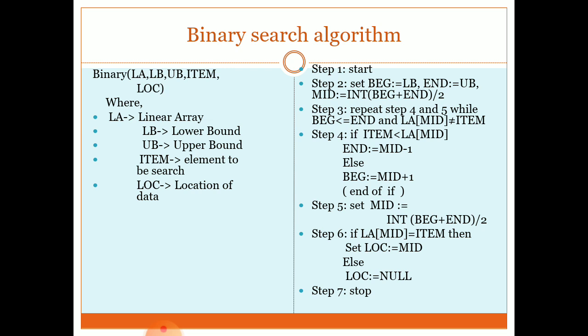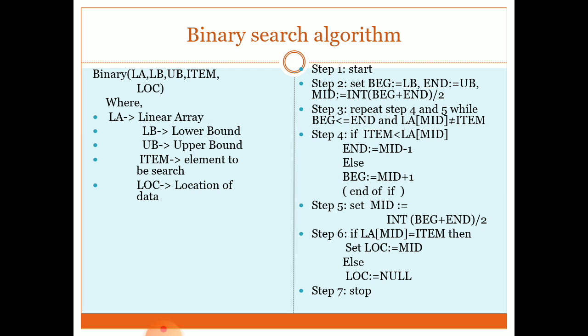LB is the lower bound, the position of my first element. Then we have the UB, the upper bound, the position of the element which is at the last one. Item is the element which I want to search, and loc is the location of that particular element.